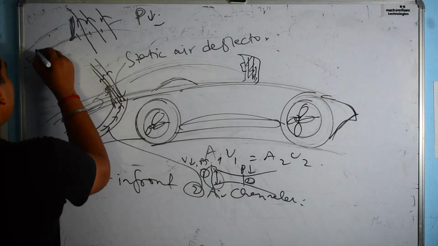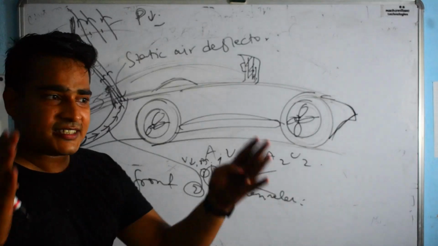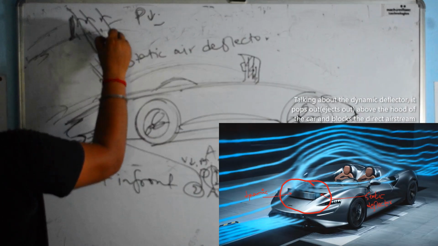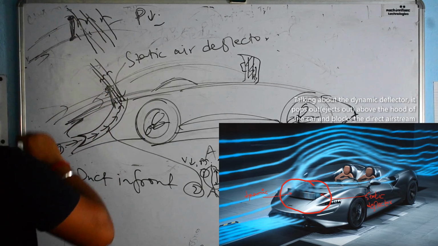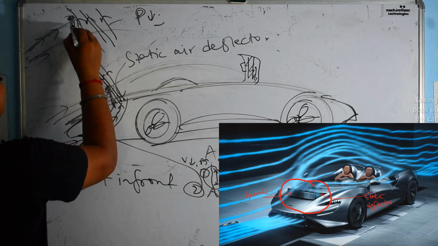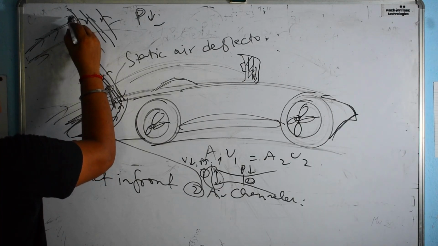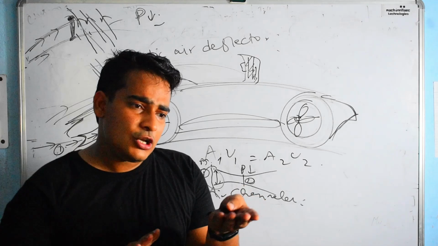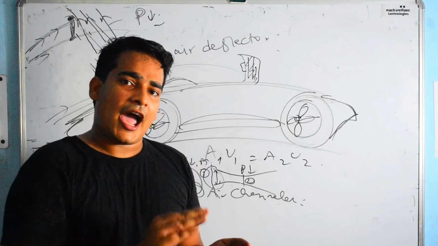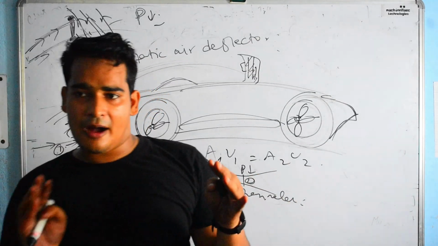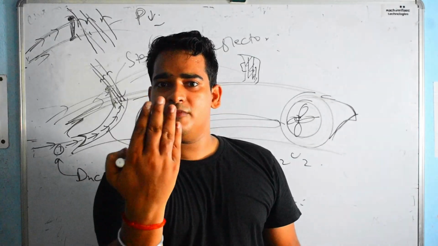So now we have two effects superimposed: one is the static deflector, and the other is the dynamic deflector. The leading edge of this deflector is designed in such a manner that it will also deflect the air.